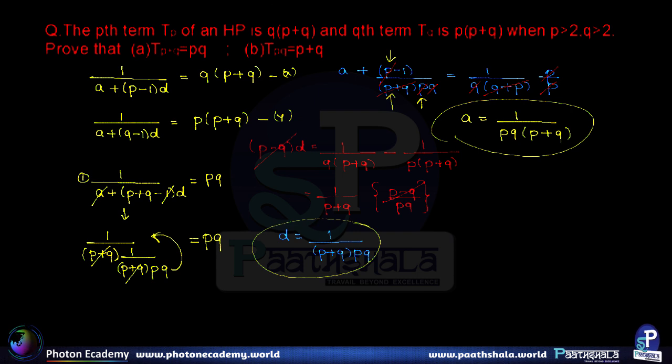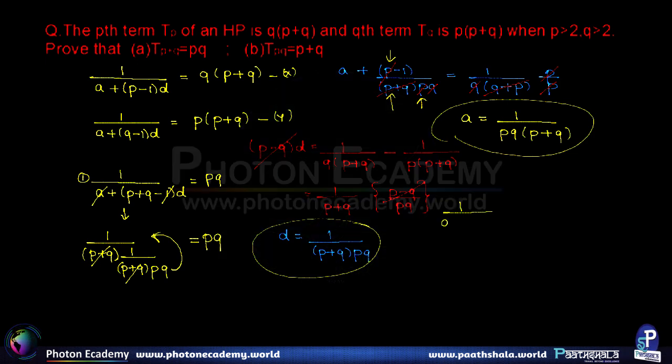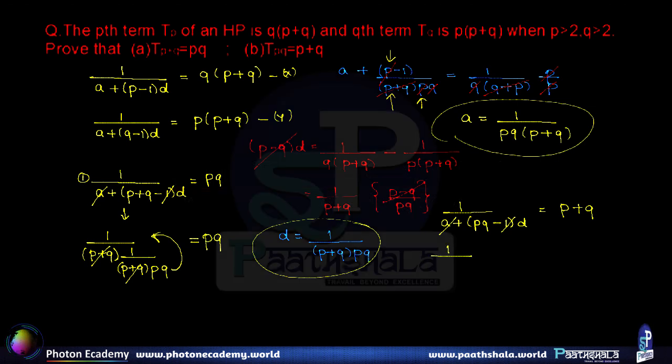Now for the second part, we have to prove that 1 upon A plus PQ minus 1D is equal to P plus Q. Similarly, A and D will cancel out and we are left with 1 upon PQD, and then D is equal to 1 upon P plus Q into PQ.